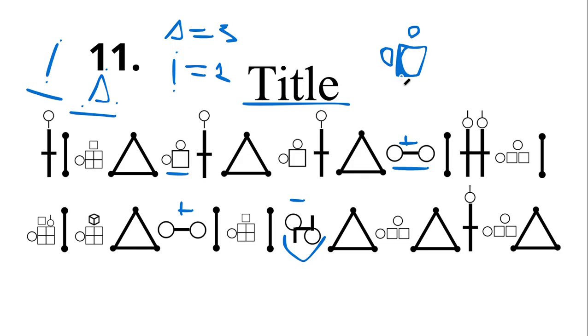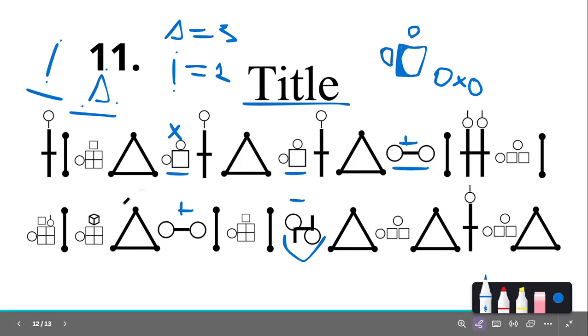What do you do if you want the area of a square? You multiply these two numbers. So it is a multiplication symbol, and this is a multiplication symbol as well. You get it.